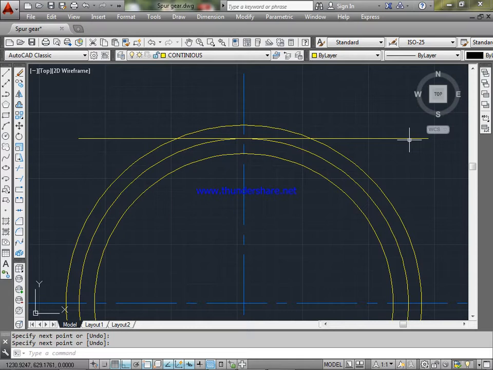Then the line of action. What is the line of action? In involute teeth, the path of the point of contact is a straight line which passes through the pitch point. The line is called the line of action.